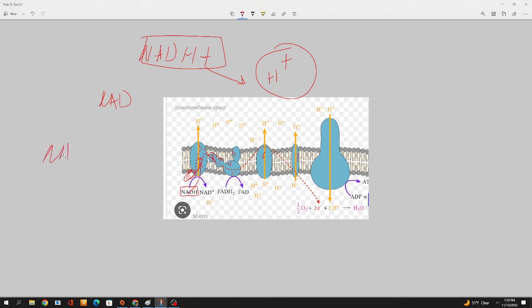Then you get NAD plus, because the first electron is in protein 2 and the next new electron is in protein 1. This NAD plus will essentially go right back into either the matrix or the cytoplasm, and it is going to continue doing glycolysis and the citric acid cycle.